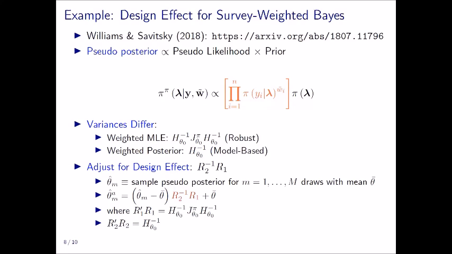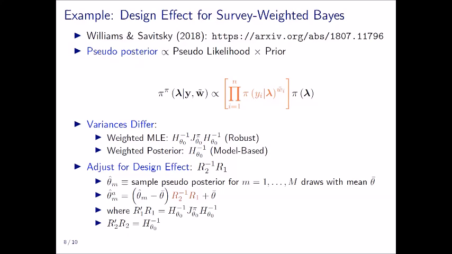What happens is if you just treat it as is and you go through it, the maximum likelihood estimate is a sandwich form, this HJH, which you can think of as robust or design-based. But if you just look at the posterior, it behaves as if it's a simple random sample. It just has the model-based one, H. So if you want to go from the model-based one to the robust one, we need to have an adjustment.